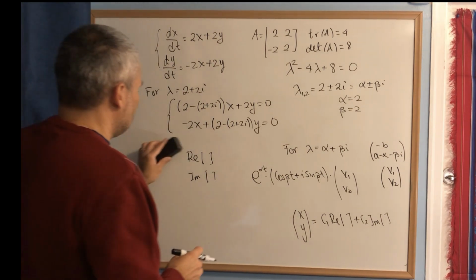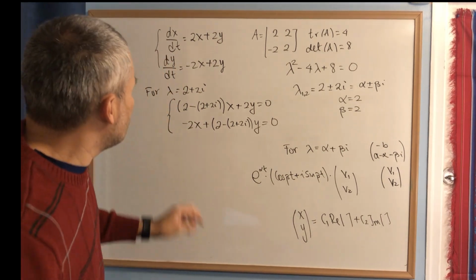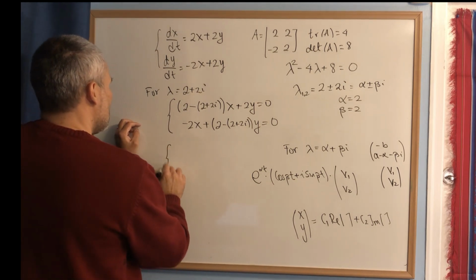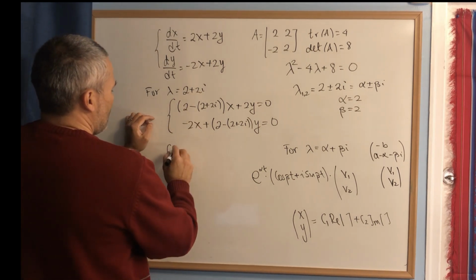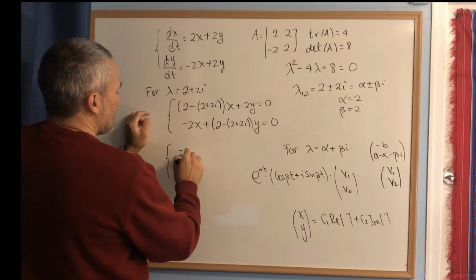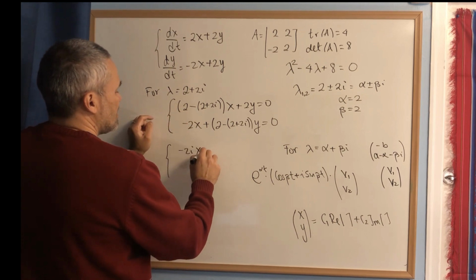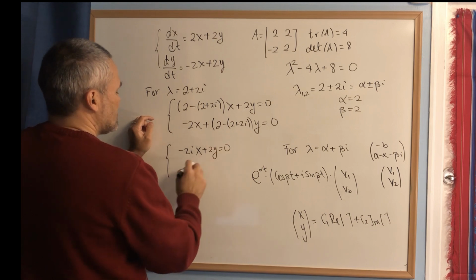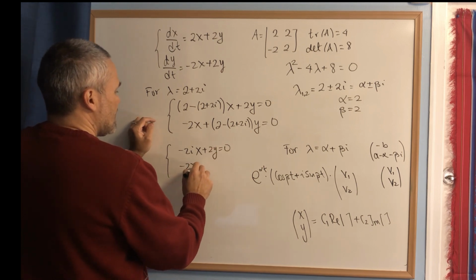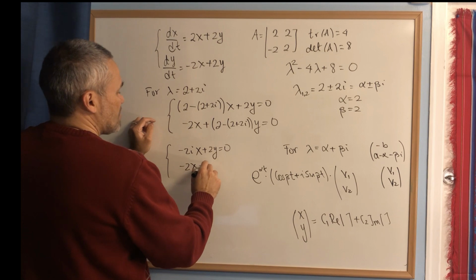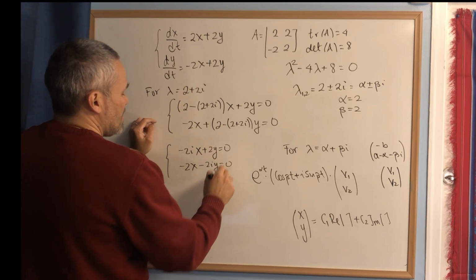Then this is equal to what we have here: 2 minus 2 is 0, so minus 2ix plus 2y equals 0, and negative 2x minus 2iy equals 0.